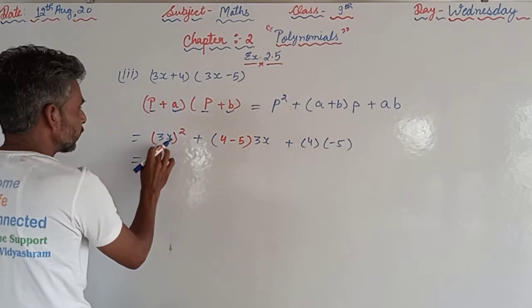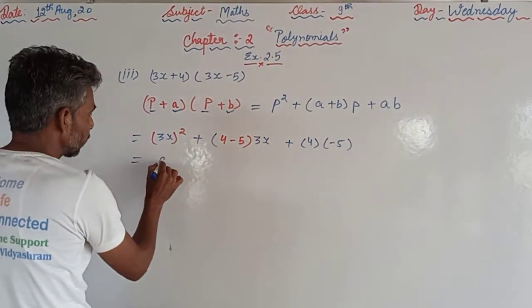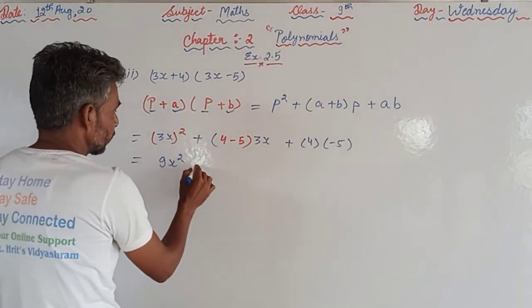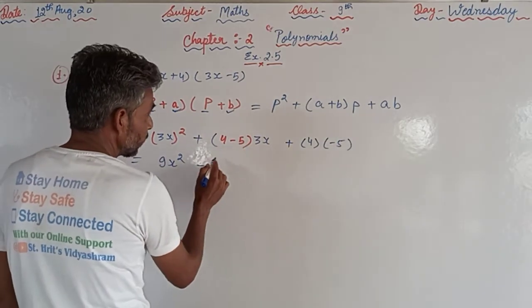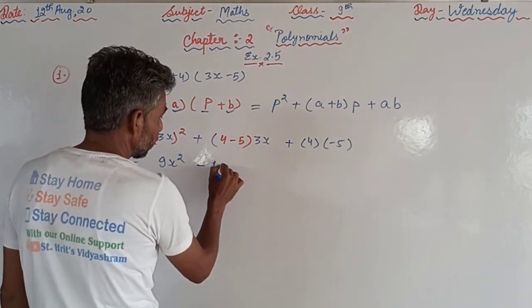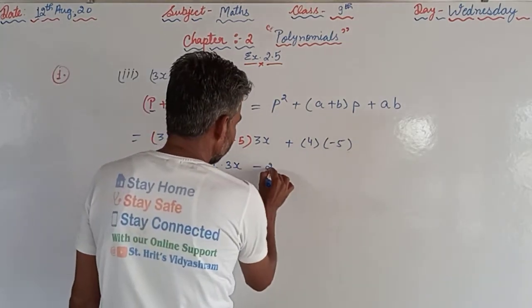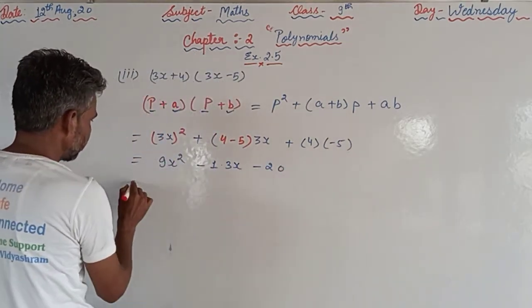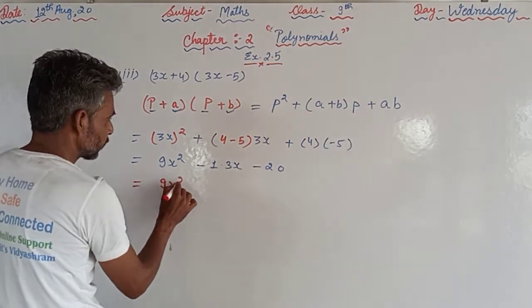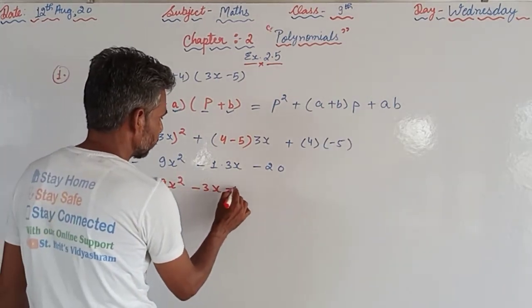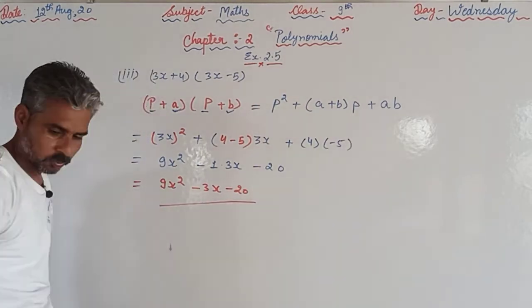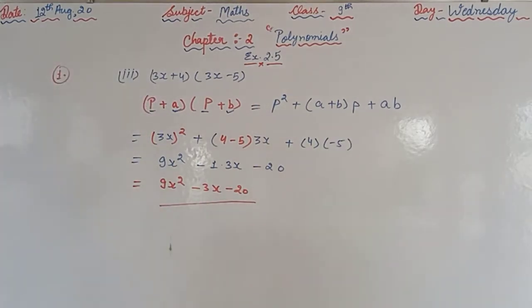So the answer will be (3x) whole square, 9x square, minus 1 into 3x, that is minus 3x, and 4 into minus 5 is minus 20. So the answer will be 9x square minus 3x minus 20. So we have done the third part as well.